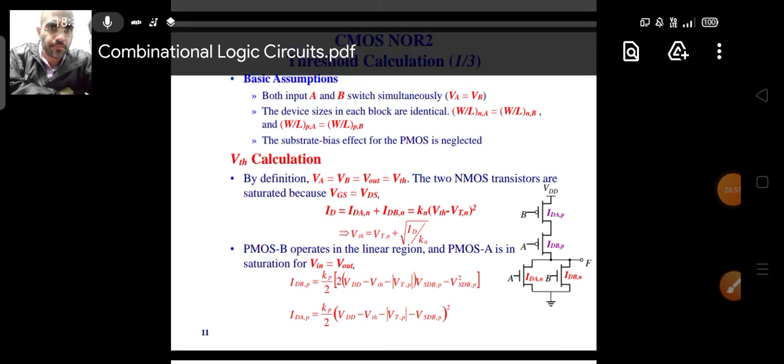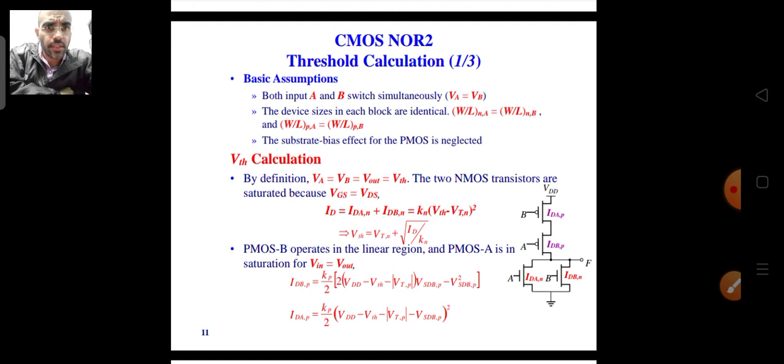If this is connected to VDD and the other one is connected to VDD by 2, so the source of the PMOS of the upper transistor is connected to VDD, whereas the drain of the lower PMOS is connected to VDD by 2.